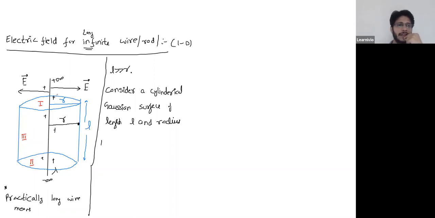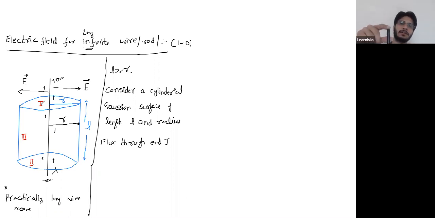Afroza, can you suggest the direction of end one? This is the first end of the cylinder placed along the y-axis. I'm not asking about the curved surface, I'm asking about the end.